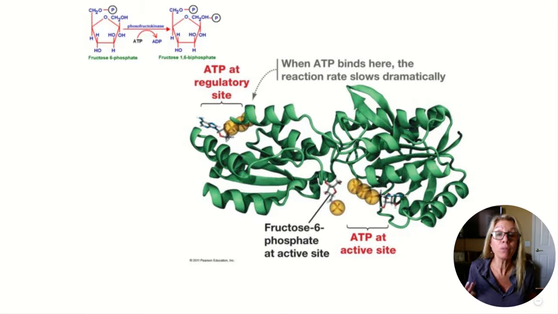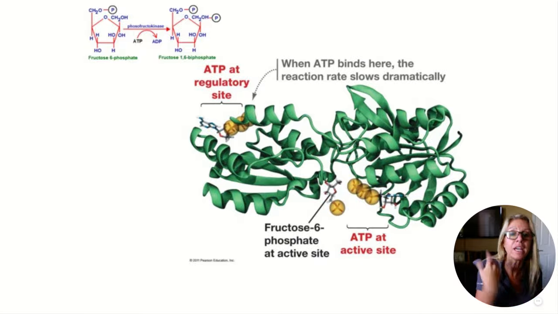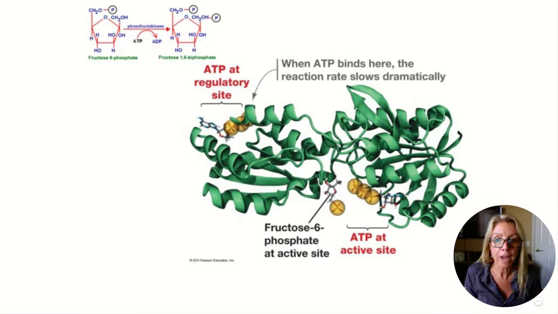I know, we'll probably store it as fat somewhere in our body, because you don't need any more ATP. But as you do more things and you use up your stored ATP, then it will not be able to give that inhibition on the phosphofructokinase right here. As a result, you will do glycolysis again and continue on in those reactions.